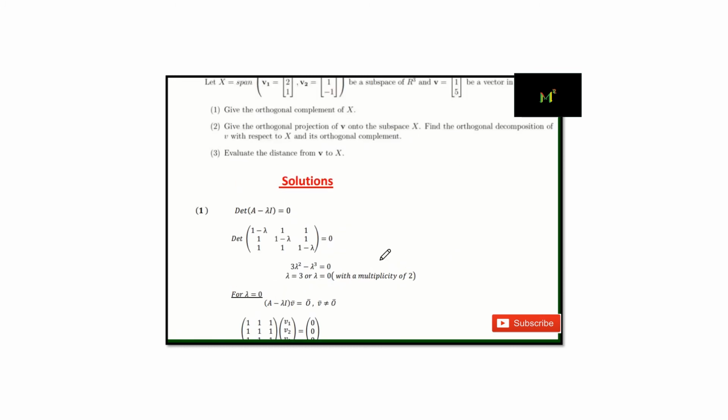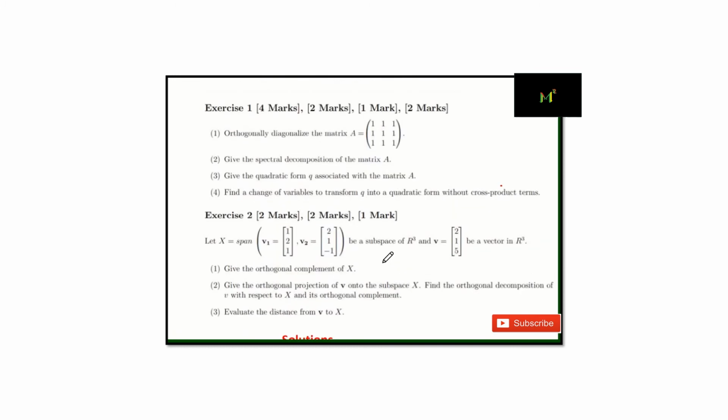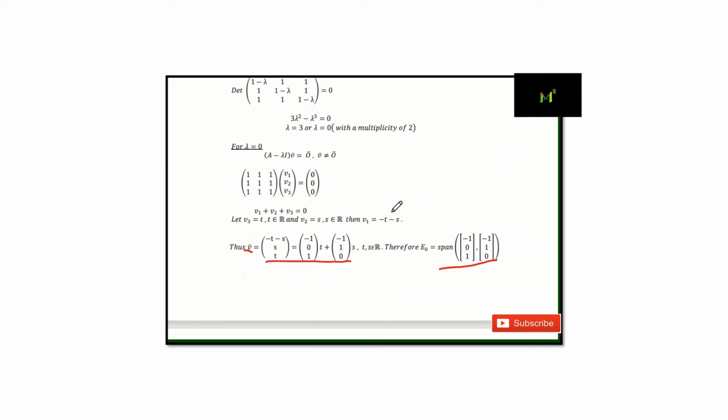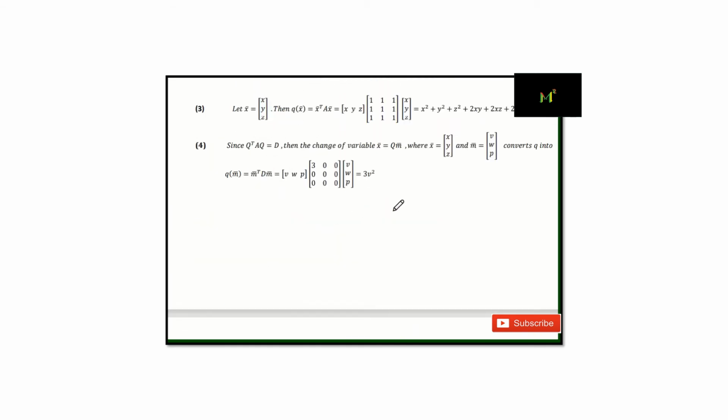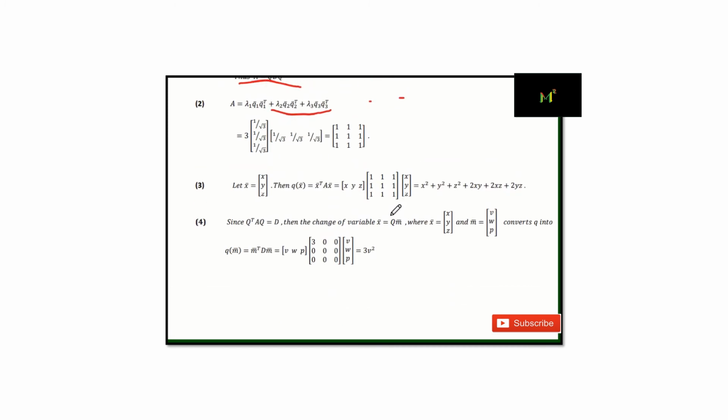The third question was to find the quadratic form Q associated with matrix A. There is a formula for doing that, and the formula is given by this. First, you assume vector x has components x, y, and z, and then Q is given by x transposed times A times x.